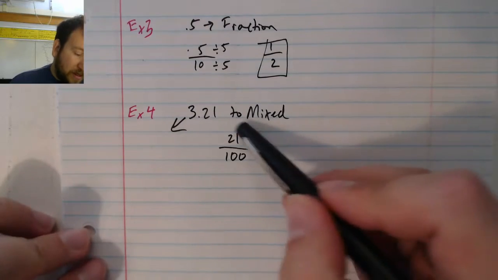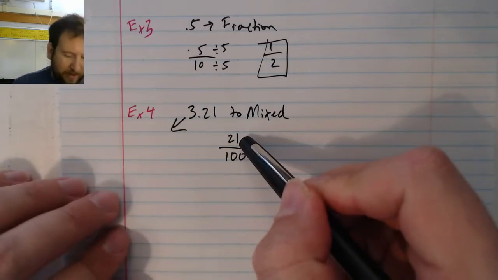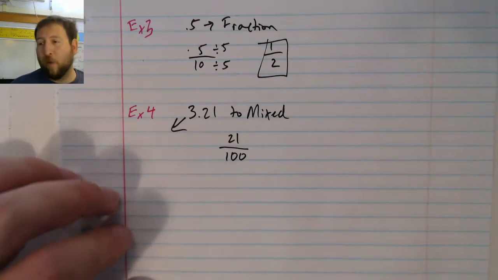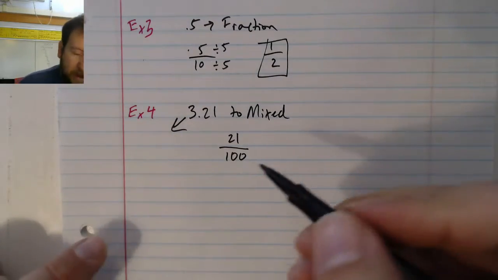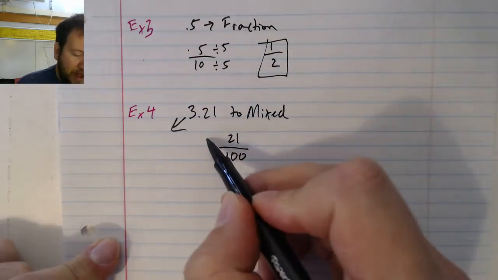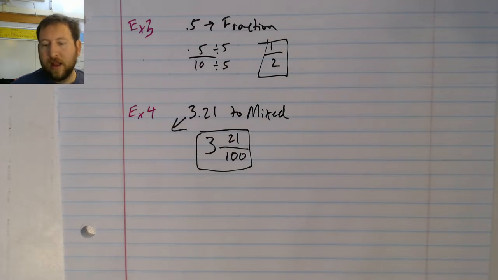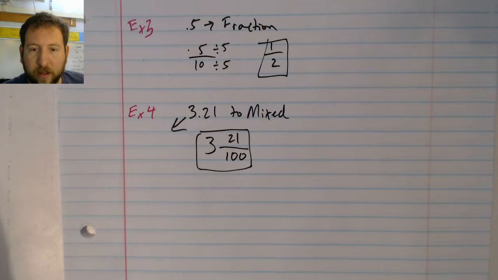This is simplified because there are no numbers that I can fit into both. 21 is divisible by 7, 3, 21, and 1, but that doesn't help me. But I don't have my answer just yet. I need to get that 3 back, so 3 and 21 hundredths is my simplified answer.